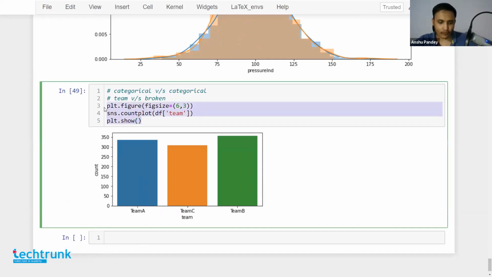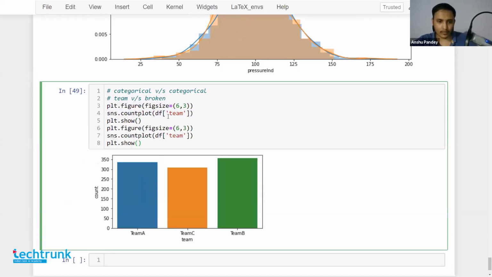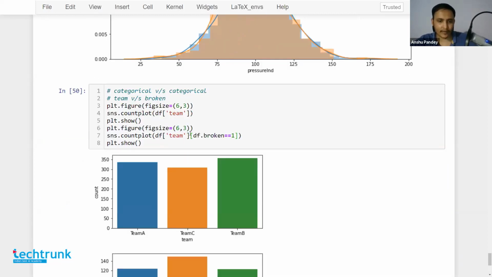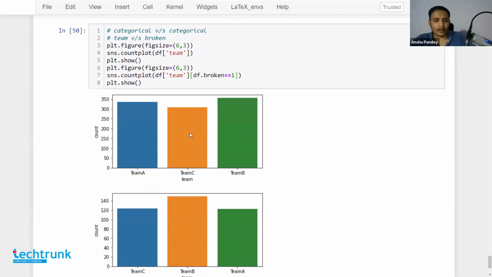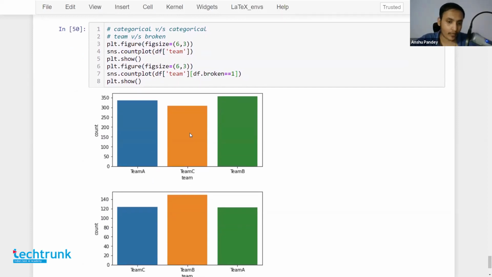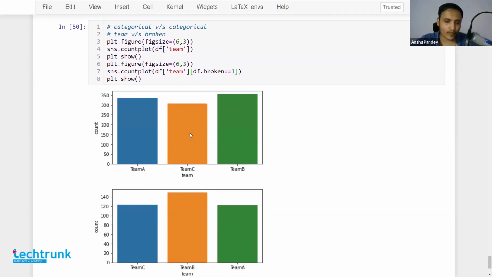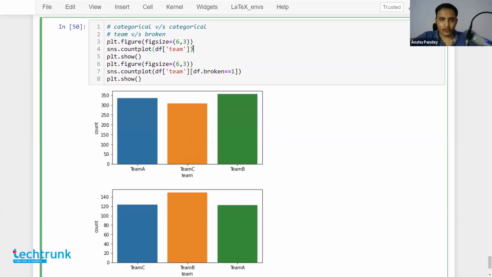And let's compare this with possibly the machines being operated by each team where the machines are damaged, right? So we're going to say df.broken is equal to 1, right? So the machines are damaged. So now we have two graphs. The first graph shows the total machines operated by team ABC. The second graph shows the machines which are damaged, operated by team ABC, but the order is not the same. So maybe you want to change the order here, right? So we want to change the order here.